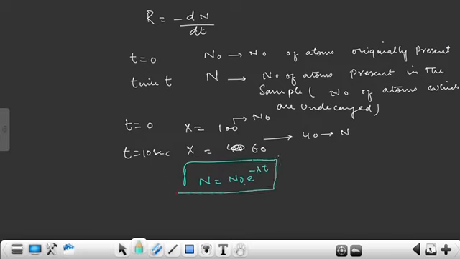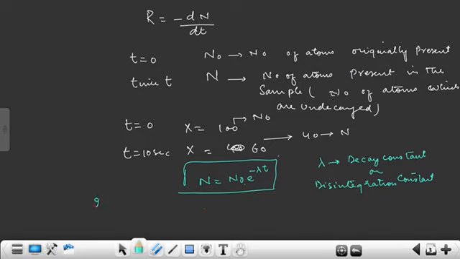Here N naught is the number of atoms originally present, N is the number of atoms which are undecayed, and here comes a new term, lambda. Lambda is called the decay constant, or the disintegration constant.